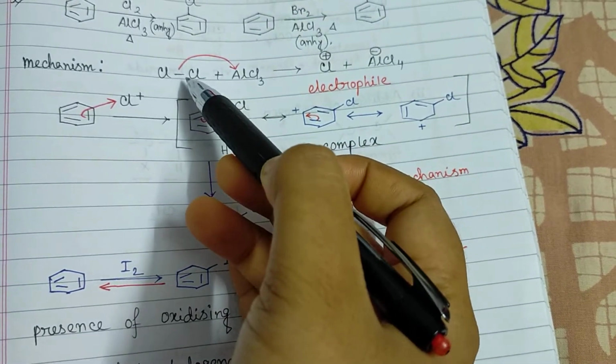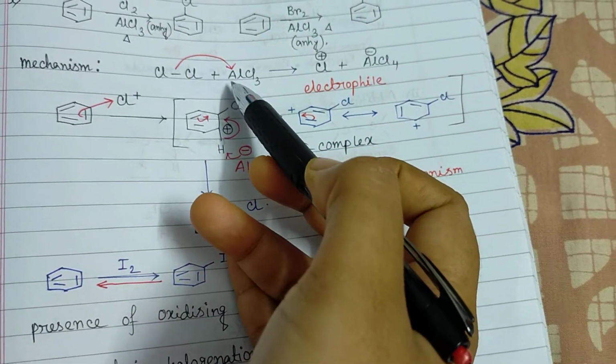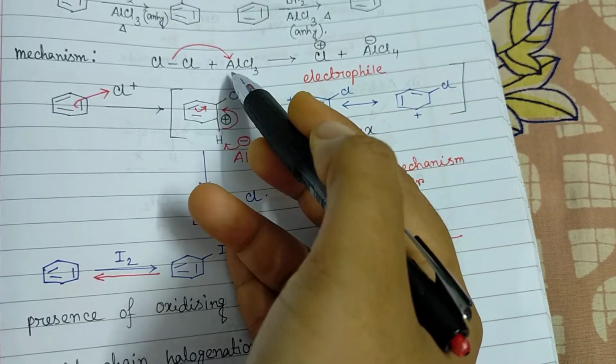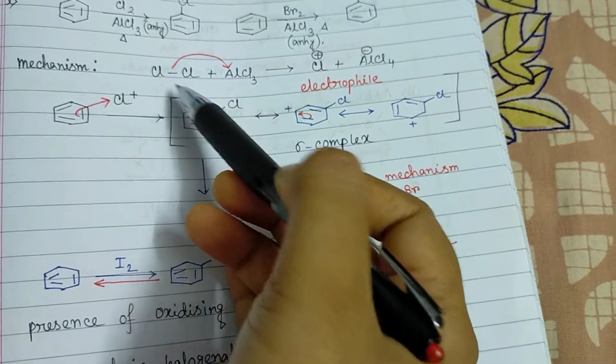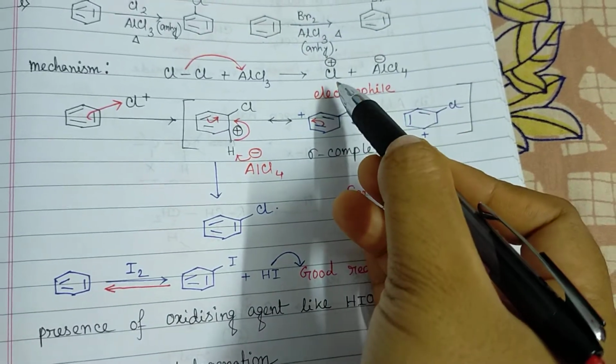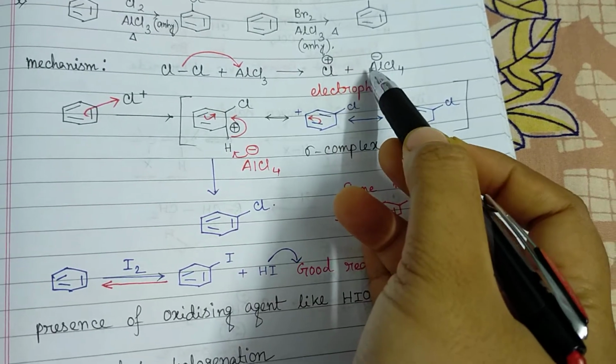The electron present in the chlorine will be added to aluminium because the aluminium is a Lewis acid here. It will take up the electron.